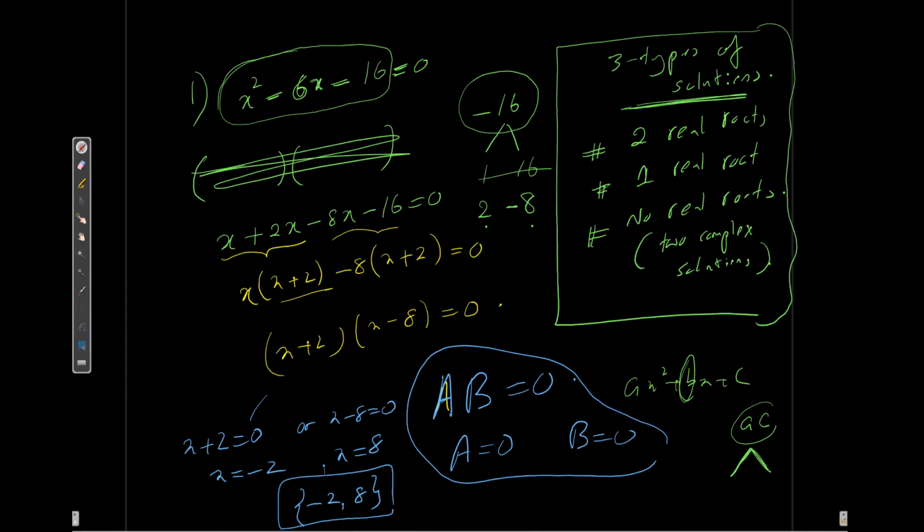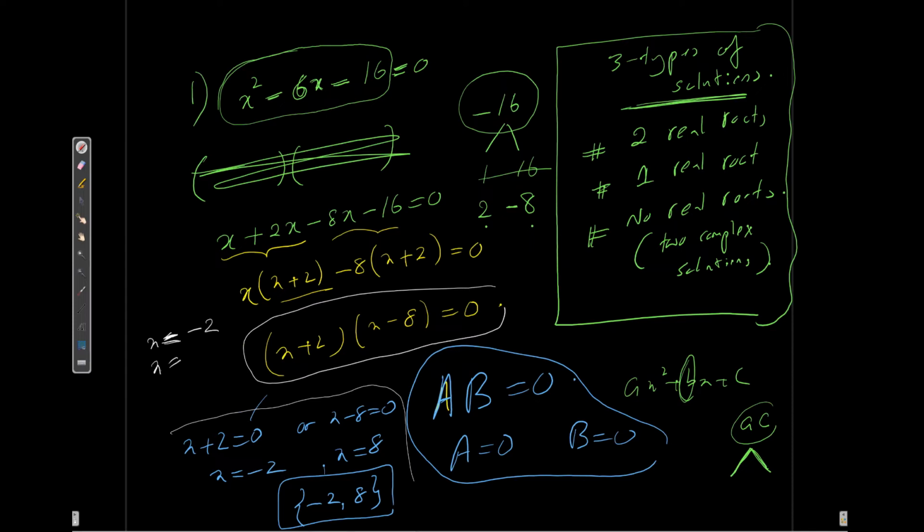Another way is, when you see this equation, you can avoid these steps if you are good with simplification: x is going to be negative 2 and x is going to be positive 8.